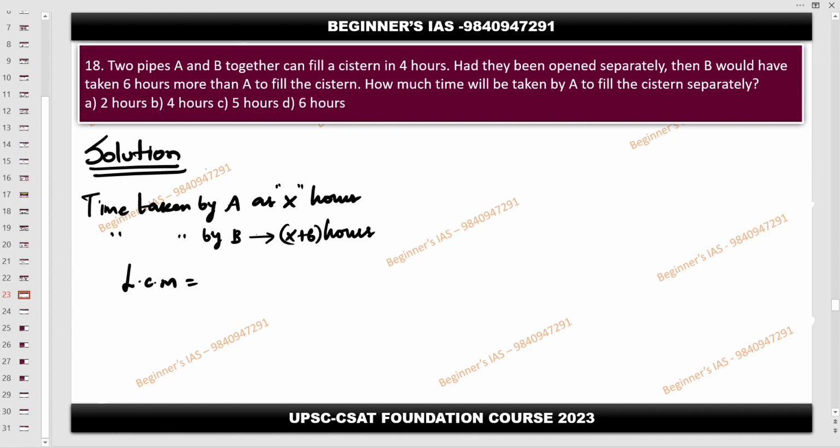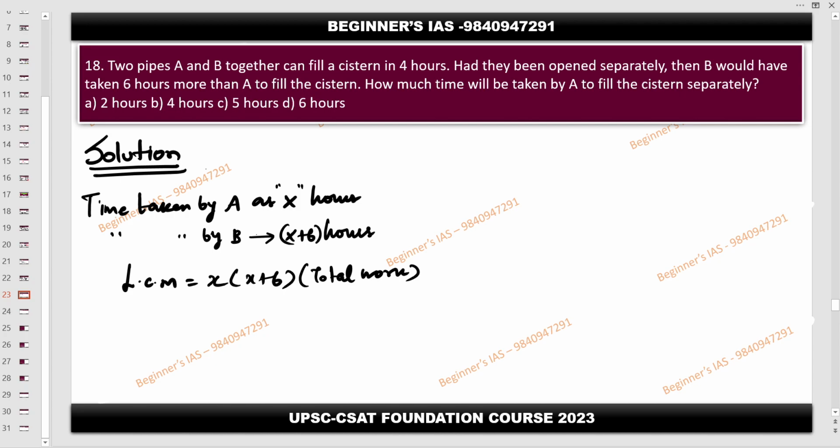So what is the LCM between these two? If you don't know, see, 2 and 3, if nothing is common, just multiply these two. 2 threes are 6, that is the LCM. Same logic applies here. So the LCM is equal to X into X plus 6. So this is nothing but the total work.